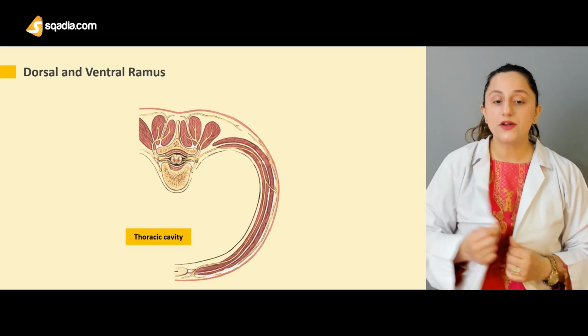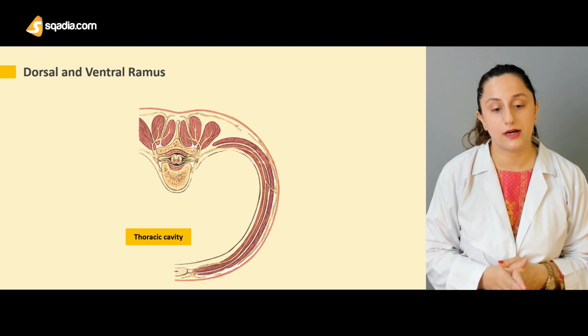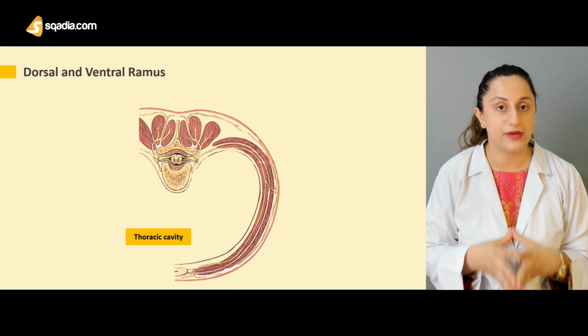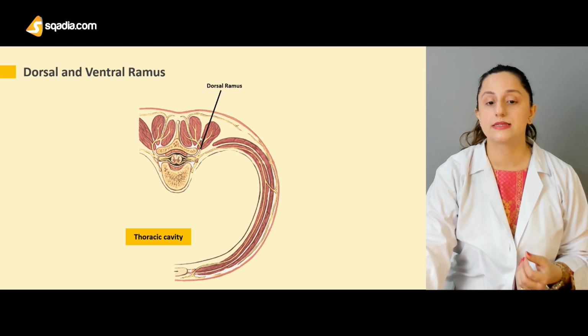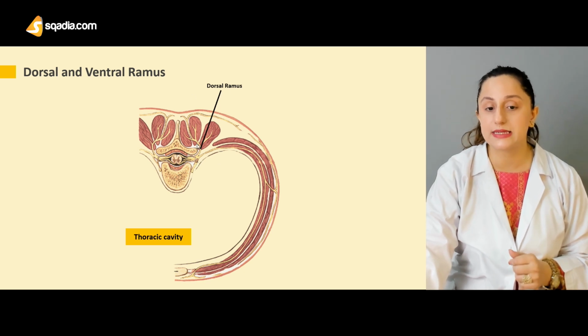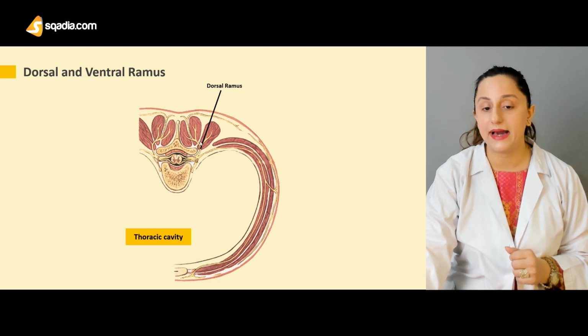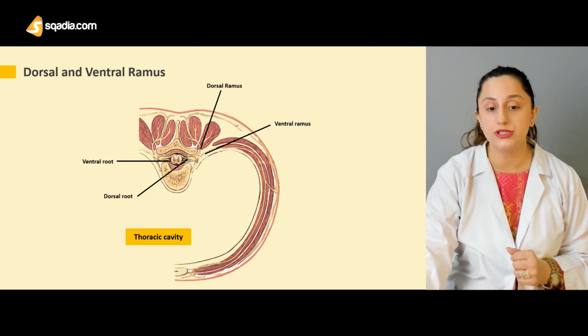This is one of the examples of how, at the level of the thoracic spine, there is the dorsal rami, which innervates the muscles of the back, and then we have the ventral rami, which comes out of the ventral root.